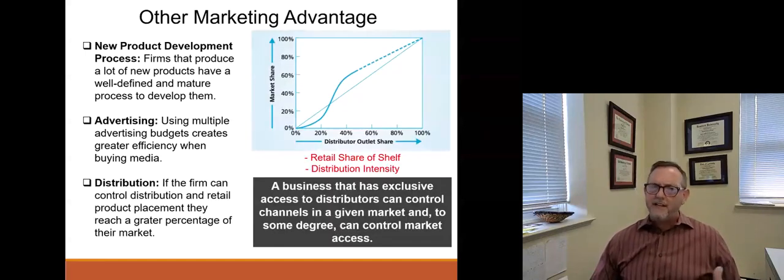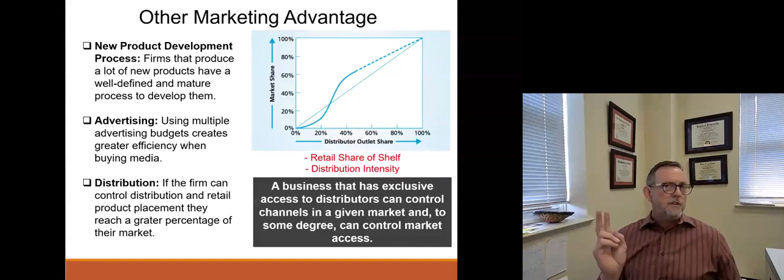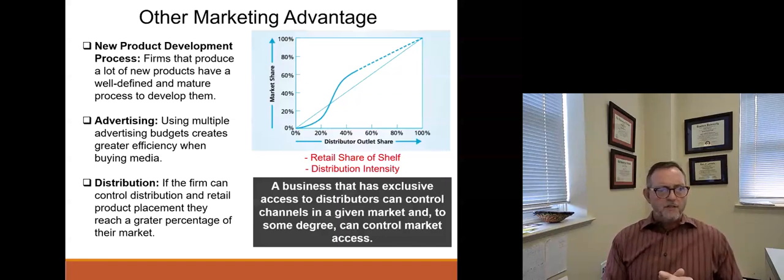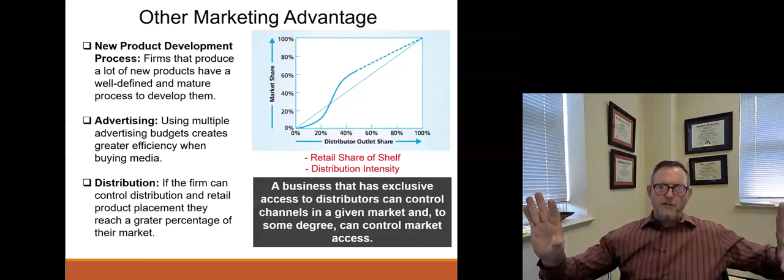The third area, again not all the things you could do, but big ideas, is that when you become more efficient and effective at distributing your product, you gain market advantages too. There are two ways we measure this. I highlighted them in red in the middle of the screen. Two metrics. One would be share of shelf. When you go into a store, the products are displayed.